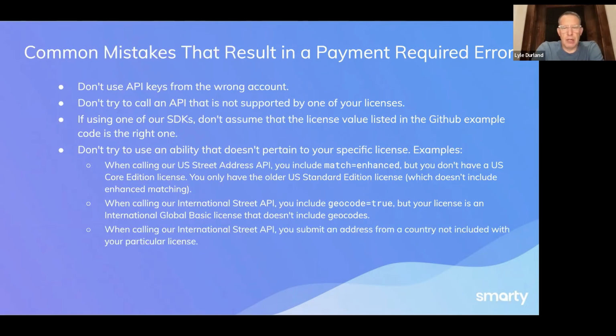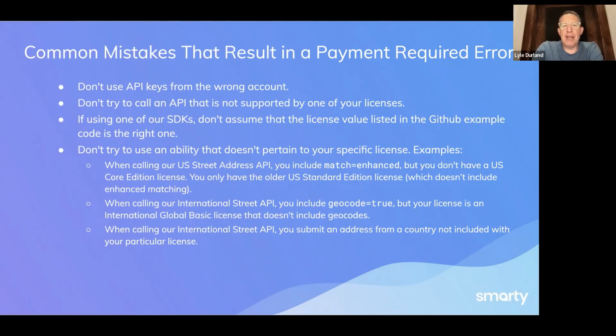Next up, when calling our International Street API, you submit an address from a country that's not included with your particular license. We definitely have licenses that are specific to one country. Suppose you have a Canada-only license, and that's the only international license in your account, and you try to submit an Australian or a UK address. You get a payment required error.